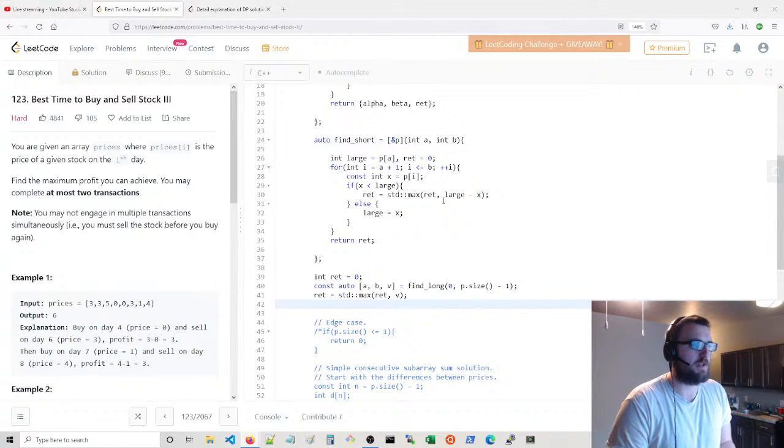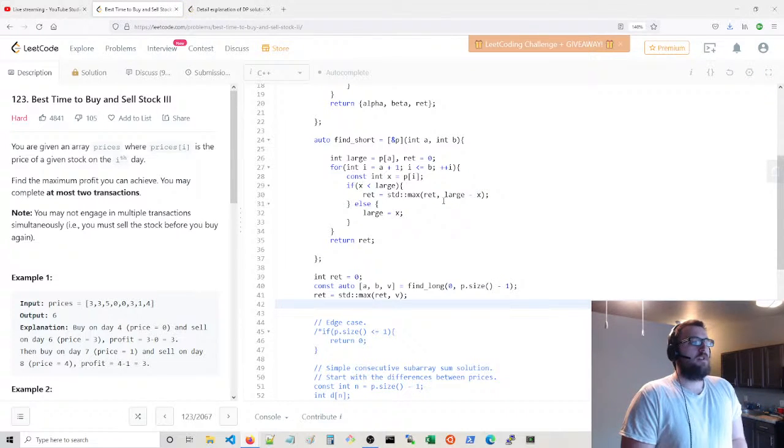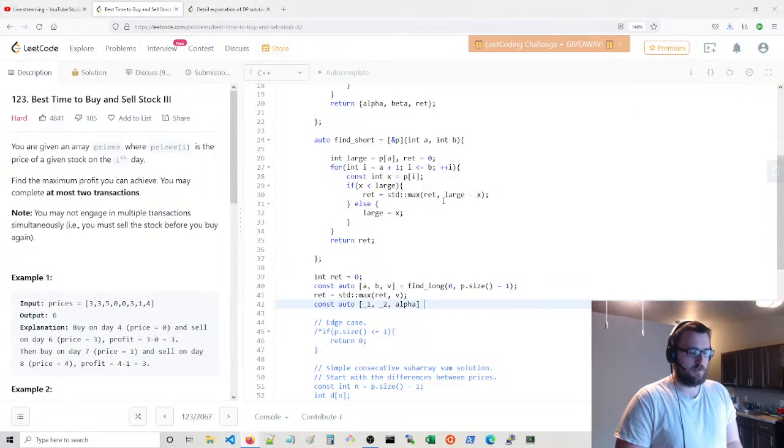Then we can find the long again, const auto alpha is equal to find long of 0 to a.